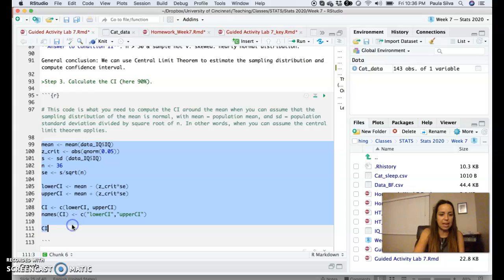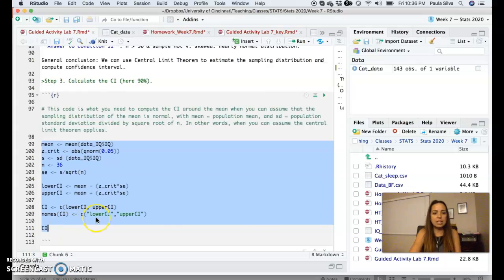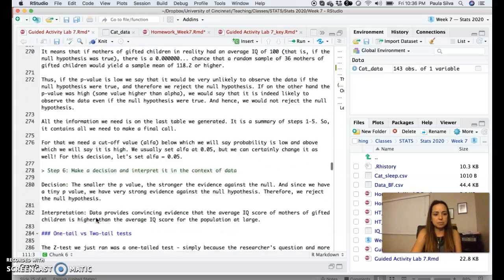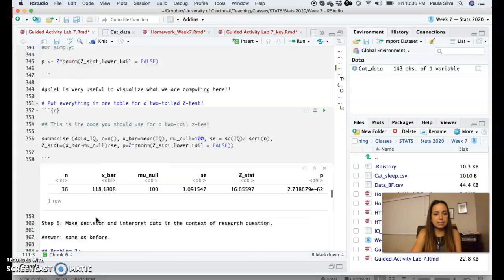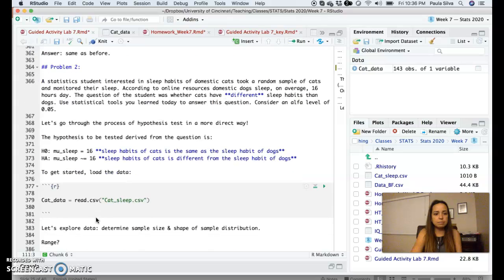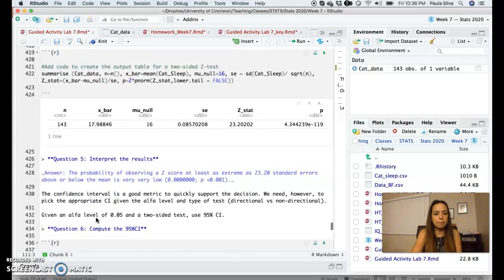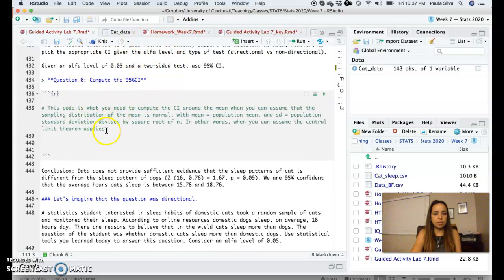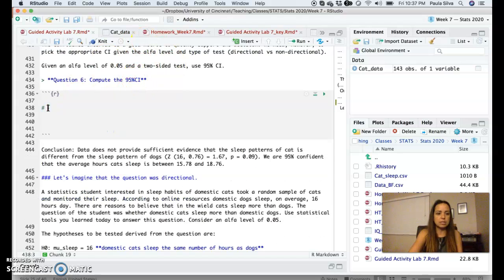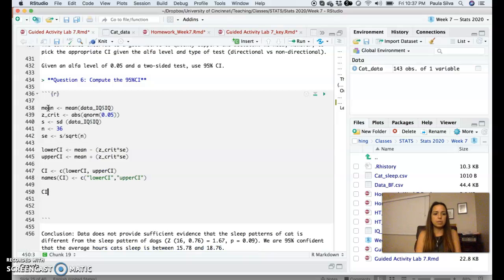So let's get that, all of it, and then we'll see what we need to adapt. Problem 2, cat data. Compute the 95 confidence interval. So let's do that. I'll copy here.